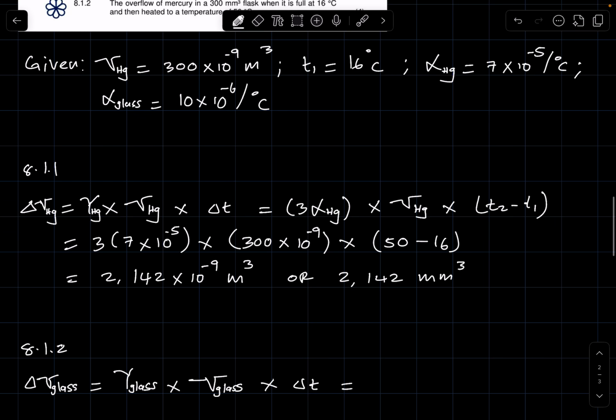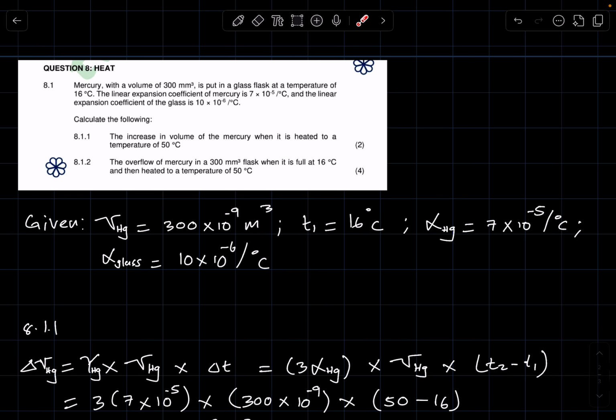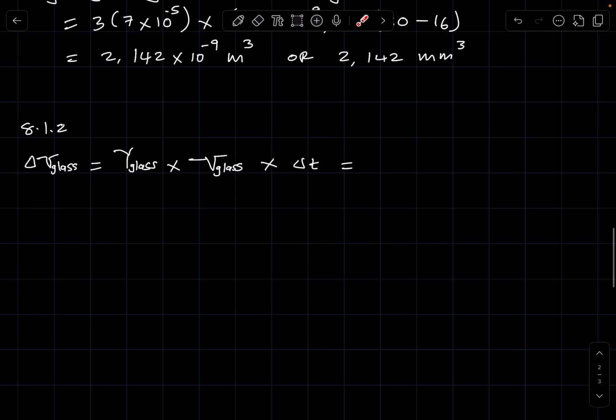And just like with the first scenario, 8.1.1, because we've been given the linear coefficient of expansion of the glass, you simply replace gamma with 3 times the linear coefficient of the glass flask, times the original volume of the glass, times T2 minus T1, since heat is still being gained.